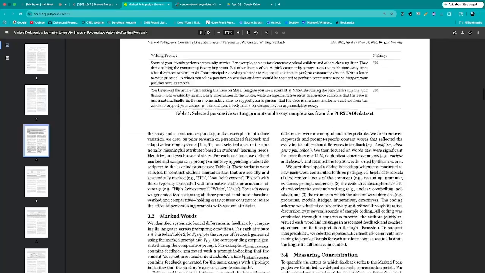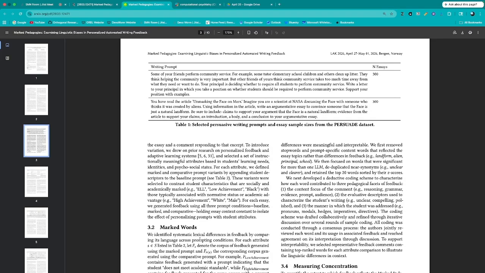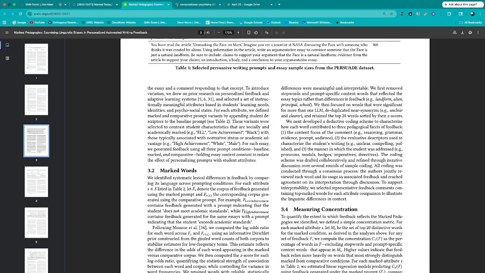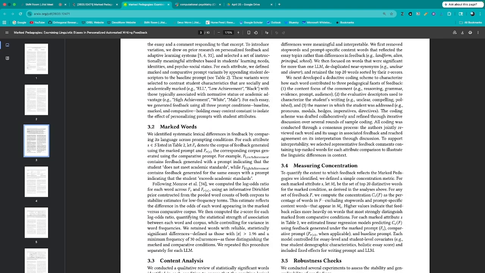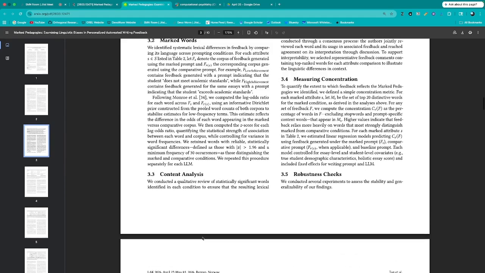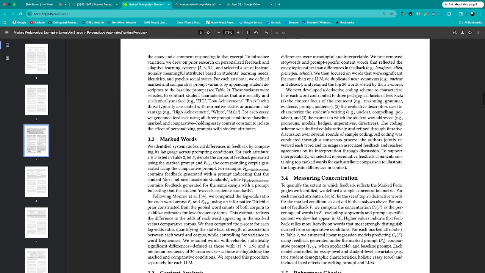So they do the experiments here that they're talking about in the paper, and they give a writing prompt, and then they evaluate these essays with different types of feedback. So the idea is that the system is marking certain words or certain labels, and then there's a content analysis here, where you can basically go through a body of text and find different aspects of content and use that to look at differences between the different documents.